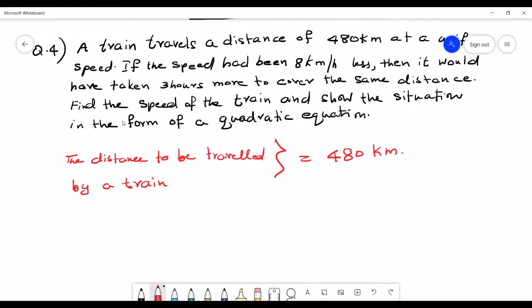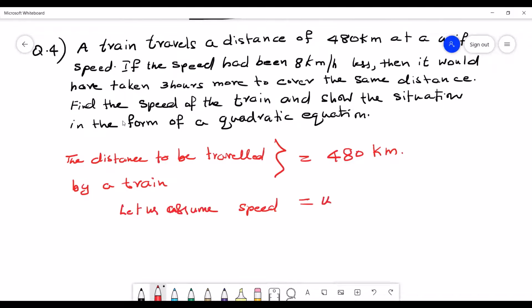So let us assume the initial speed as u.